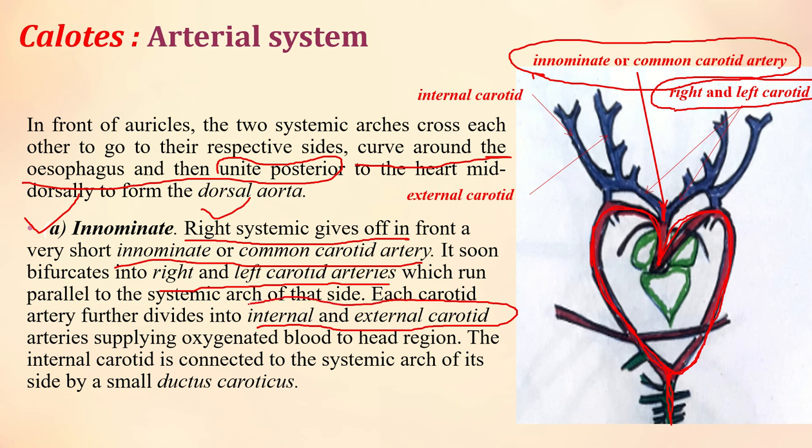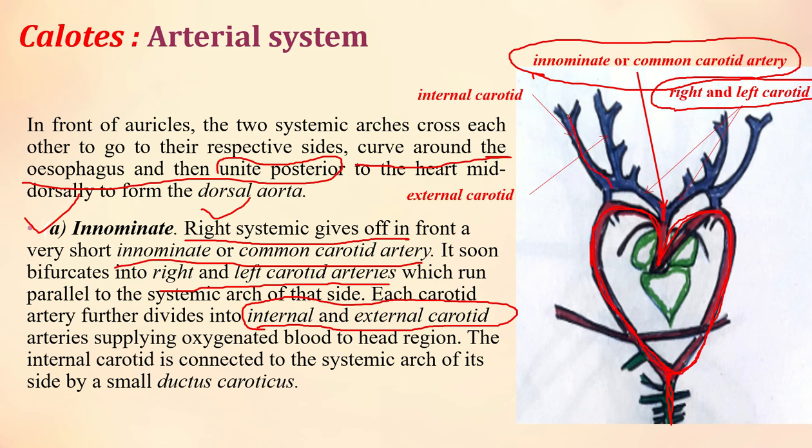So first of all, there is the innominate or common carotid artery, which goes towards the anterior side, forming two branches, the right and left carotid arteries, and then these are again divided into internal and external carotid arteries.